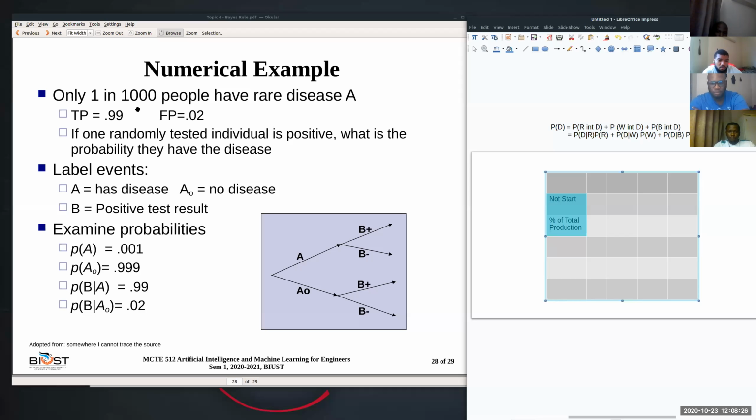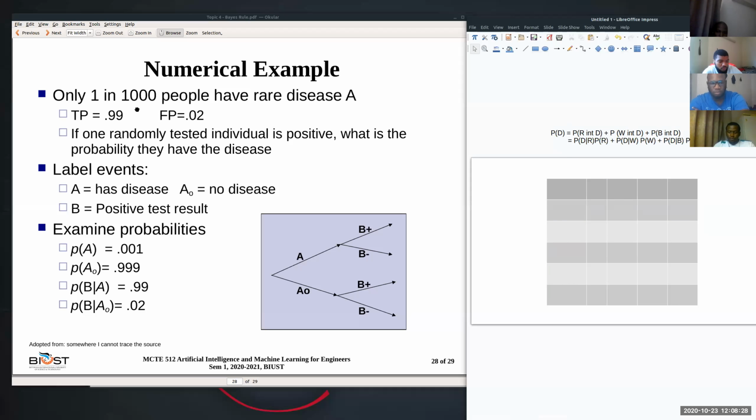So if only 1 in 1,000 people have a rare disease A, the true positive rate is 0.99 if they're tested, and the false positive rate is 0.02 when they're tested. If one randomly tested individual is positive, what is the probability that they have the disease? Okay, that's the question.